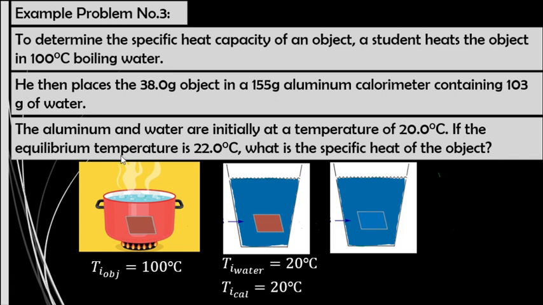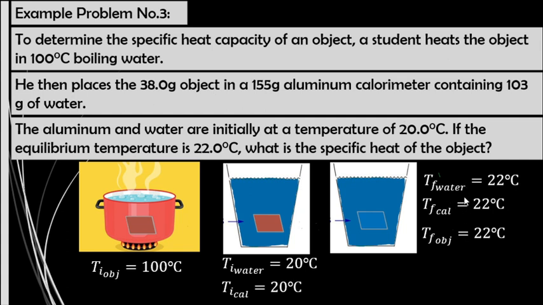As stated in our problem, the equilibrium temperature is 22 degrees Celsius. Therefore, the final temperature of our water is 22 degrees Celsius, the final temperature of our calorimeter is 22 degrees Celsius, and the final temperature of our object is also 22 degrees Celsius. Again, the final temperature of our three substances, which are water, the aluminum calorimeter, and our object, are all the same because they reach thermal equilibrium.